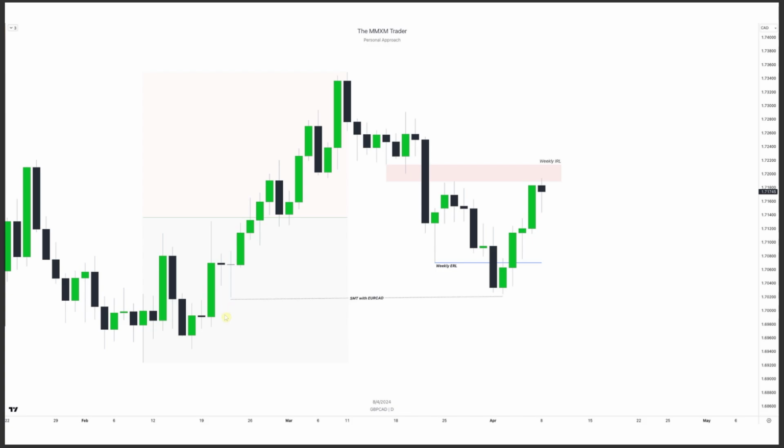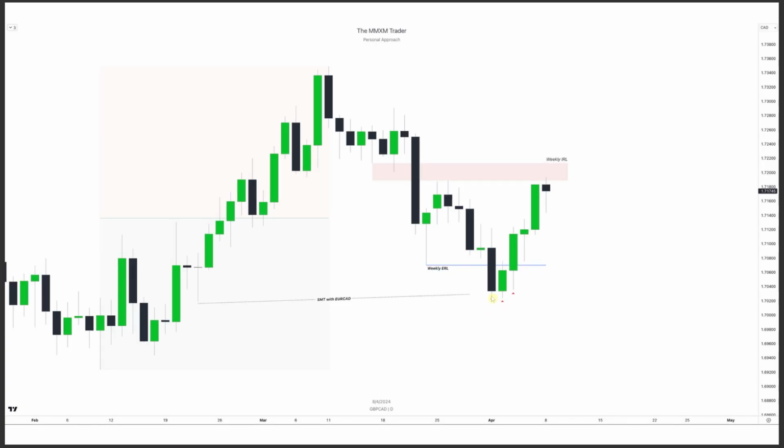Again, we've got that SMT, and that weekly external range liquidity has been purged over here. Now we want to go from external into internal range liquidity, and we're going to focus on the swing over here. You can see one candle higher, one candle lower, and then the third candle is higher as well. So we have that 1, 2, and then we want to focus on the third day.